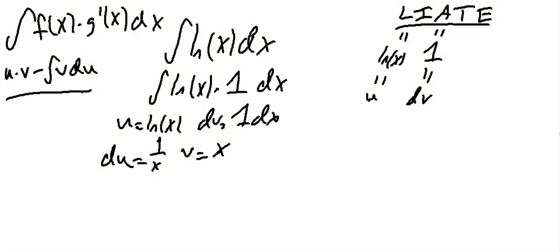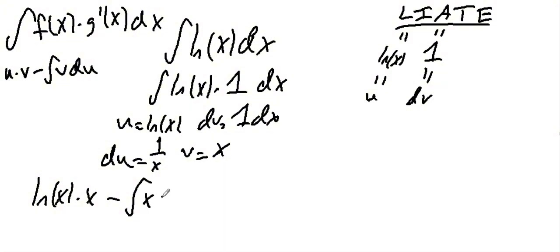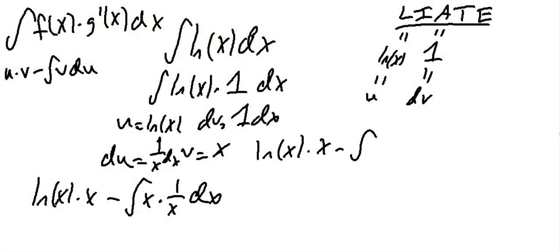So now using our formula, we have ln of x times x minus the integral of x times 1 over x. Oops, we forgot that dx. So x times 1 over x dx. So we can write this as ln of x times x minus the integral. These x's are going to cancel.